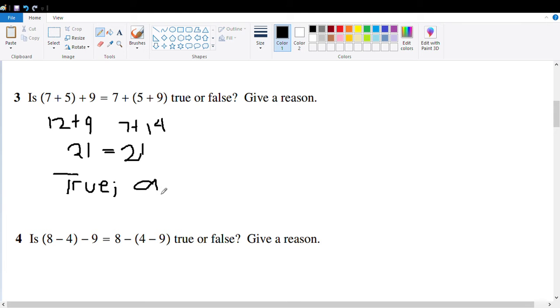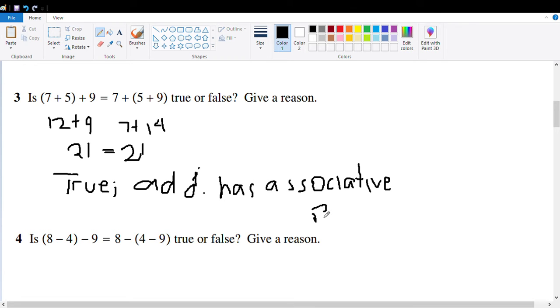So you're going to say addition has associative property. There you go. Now let's move on to 4.